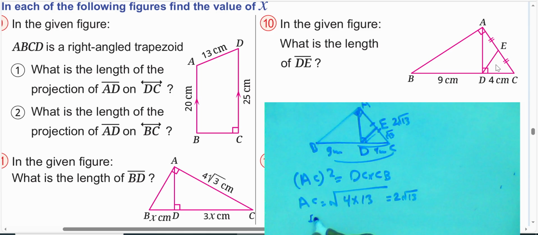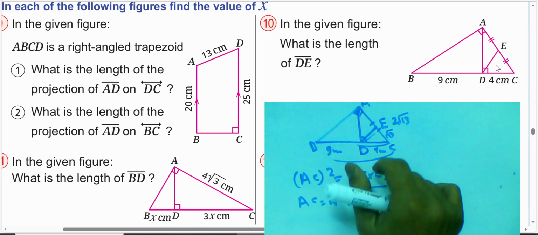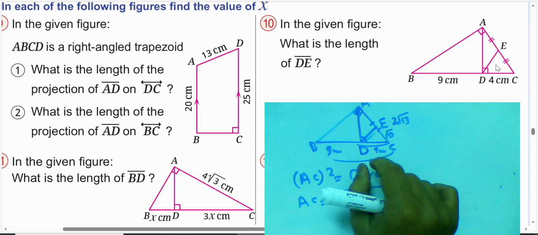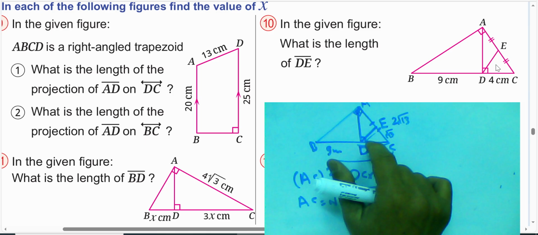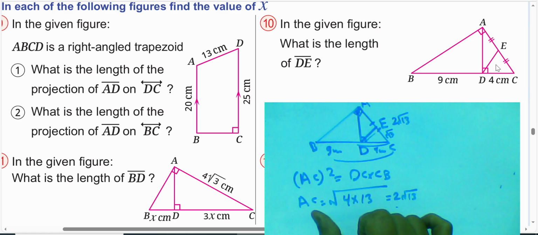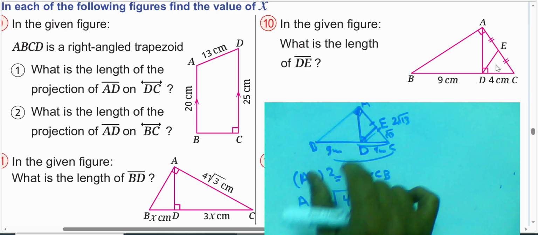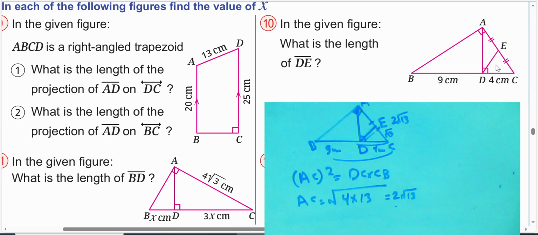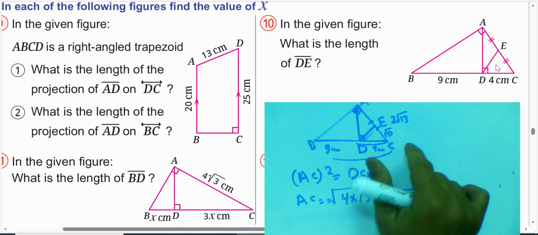Then in the small triangle DEC, measure of angle E will be equal, measure of angle E, not perpendicular. Okay, we have DE bisect AC at the point E, and right from the vertex we have a right angle triangle.